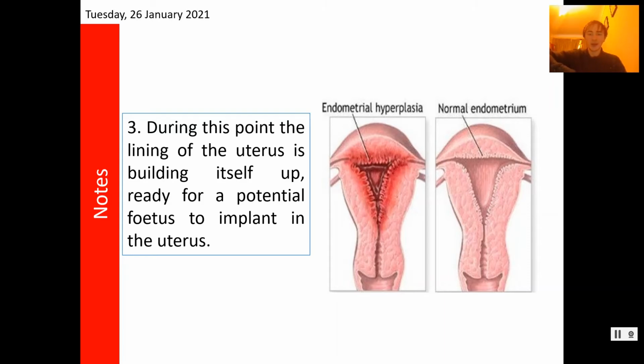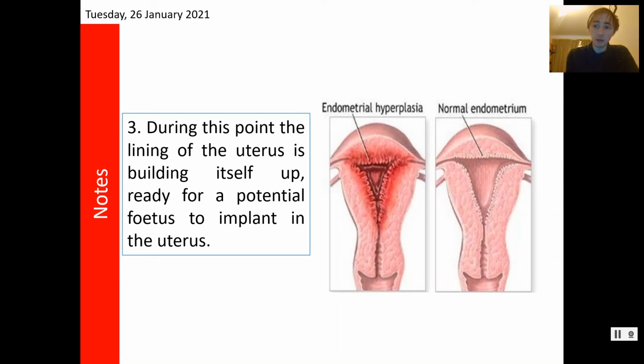The next thing we're going to look at is step 3. Now, this is happening for pretty much the entire menstrual cycle, from about day 7 to about day 28. So during the entire process we just talked about, with the egg being released and the sperm potentially fertilizing the egg, the egg potentially dying, we've got the uterus lining building itself up. Now this is absolutely essential for a fertilized egg, because what we need is for the uterus lining to have a large blood supply full of nutrients for the fertilized egg to grow in initially, because before the baby, the fetus, grows a placenta, it gets all of its nutrition directly from the womb lining.